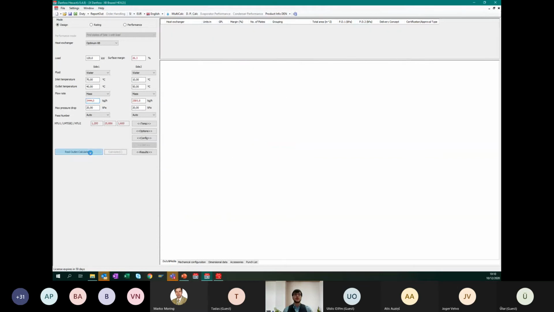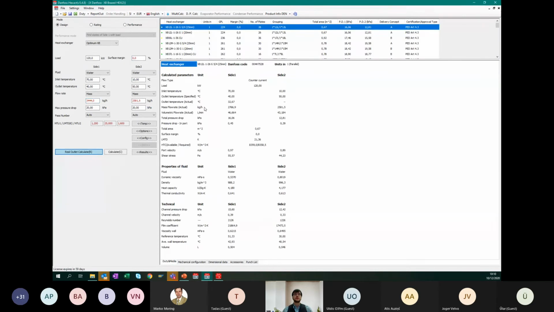Let's again try using real outlet calculate temperature. What I will see now is that my heat exchanger, which was selected before with 26 plates, is now selected with 0 surface margin, and I see that instead of 40 degrees, I'll be having 32 degrees, and I will have a decreased flow rate. 2,700 versus 3,400.